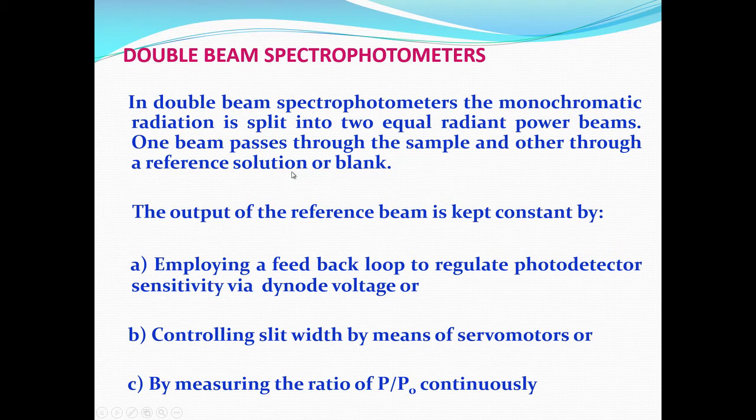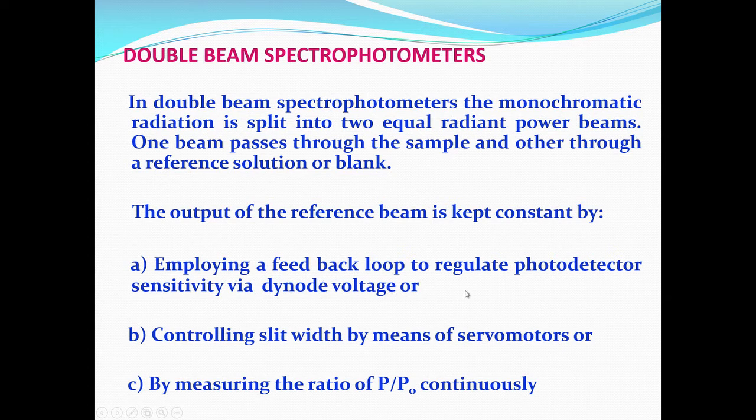And then the output of the reference beam is kept constant by employing a feedback loop to regulate the photo detector. That means any slight change in the sensitivity is adjusted electronically for a fixed baseline strength.